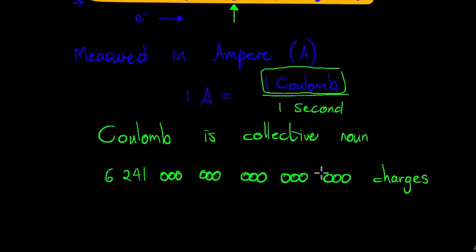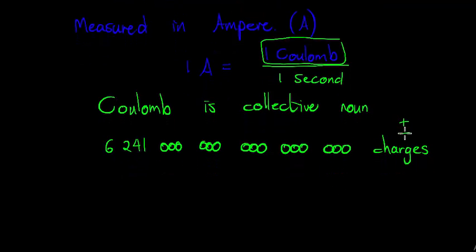Since that can be positive charges or negative charges, if we were to think of it in terms of negative charges, it would represent that many electrons. This is 6,241 trillion, but it doesn't matter, because I'm not going to use that big number.